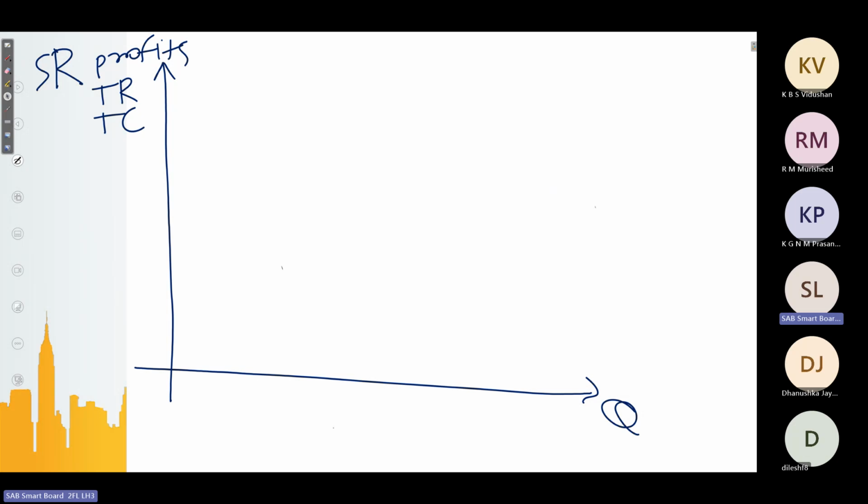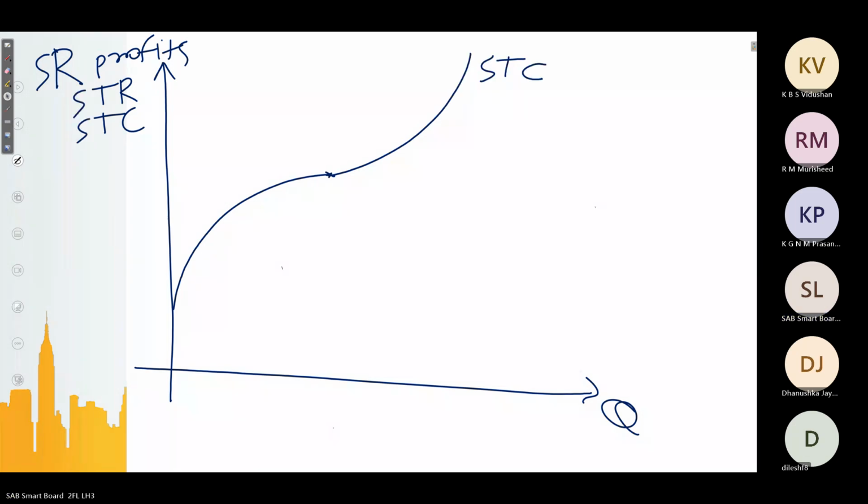Total cost curve behaves like this. Initially, it increases at a decreasing rate, and afterward, it increases at an increasing rate. This is the short run total cost. We are talking about short run profits.